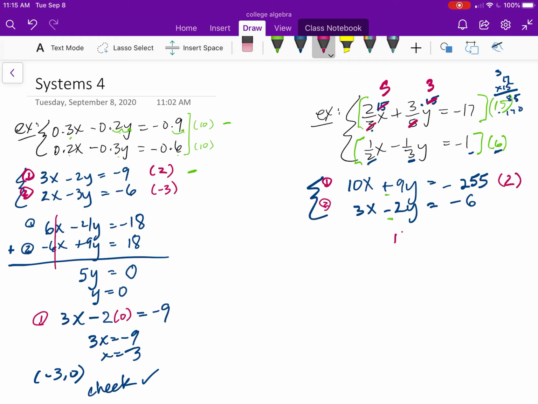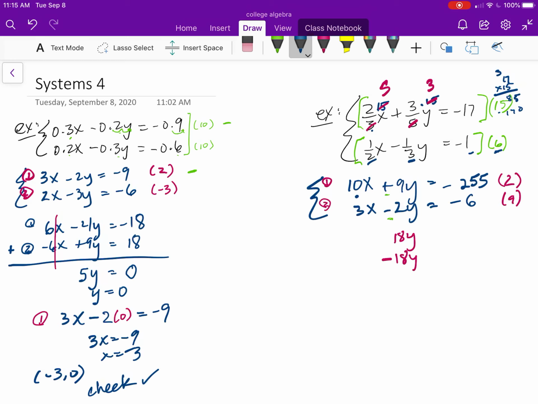That way I have an 18y here, right? And then equation 2, I'm going to multiply by 9. That way I have a negative 18y. And when I add those two equations together, we will eliminate the variable y.